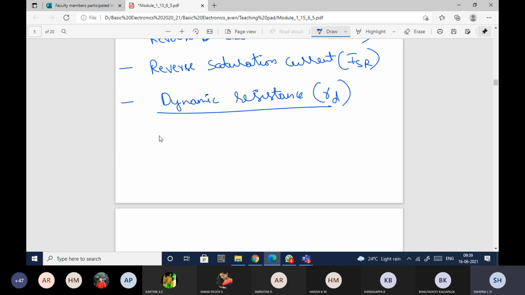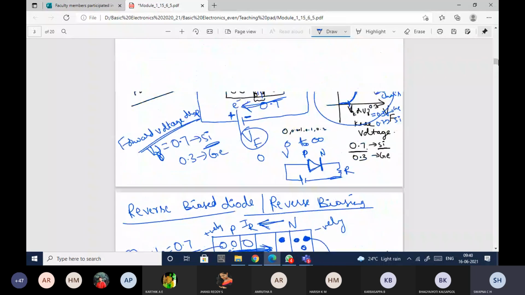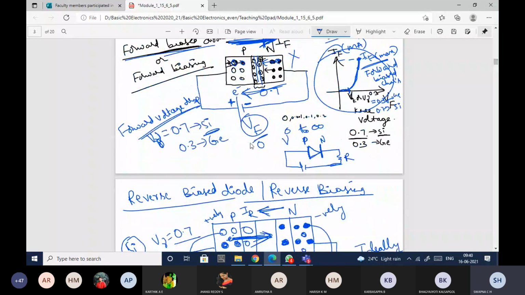Here we are varying the voltage. Generally, we'll be interested in the forward characteristics only, and not the reverse characteristics, because reverse characteristics are not useful for us. Conduction in the device happens only when it is forward biased.